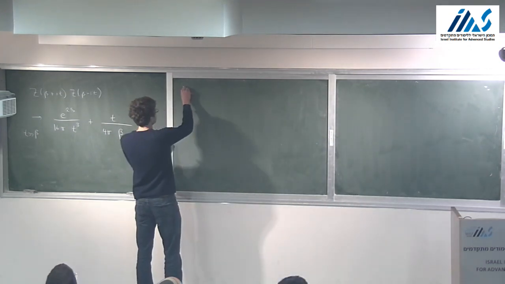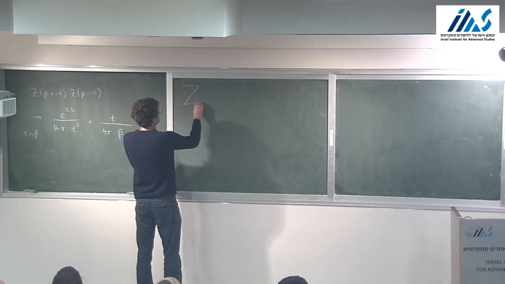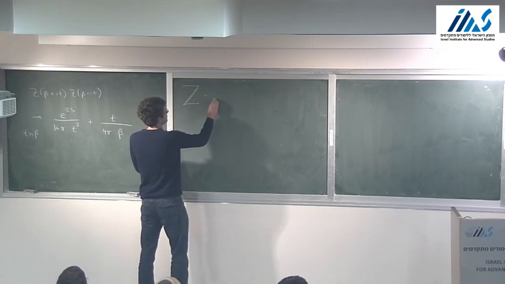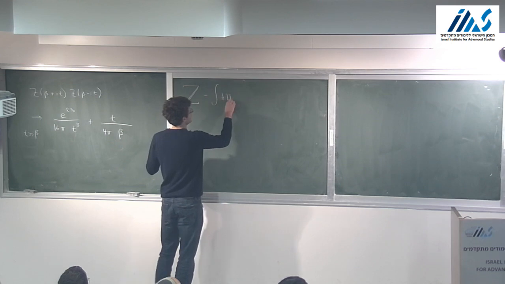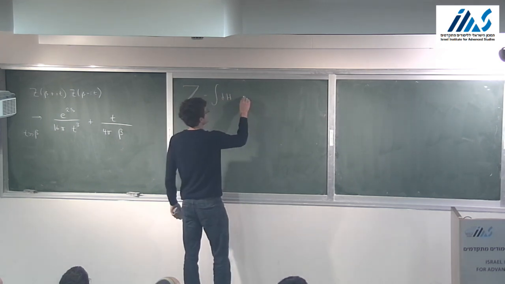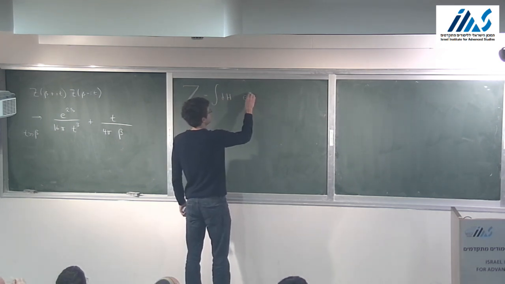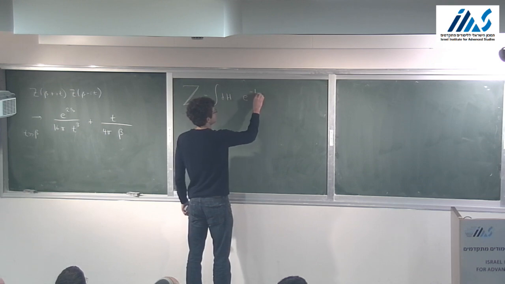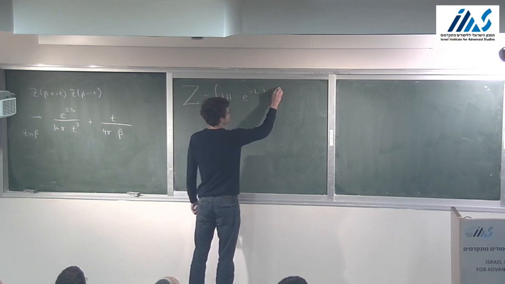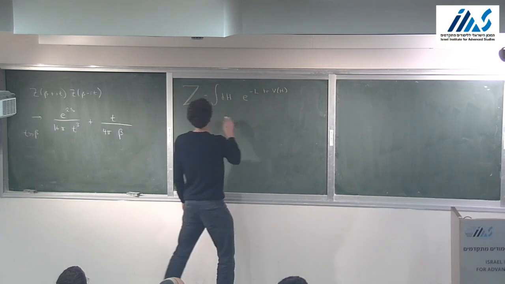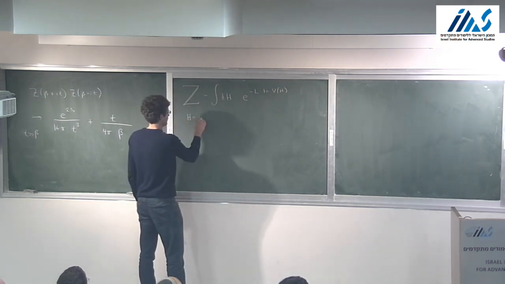I wrote an equation like this yesterday, but the definition for our purposes of a random matrix ensemble will be an integral over matrices with a weighting like this, where H is an L by L matrix.